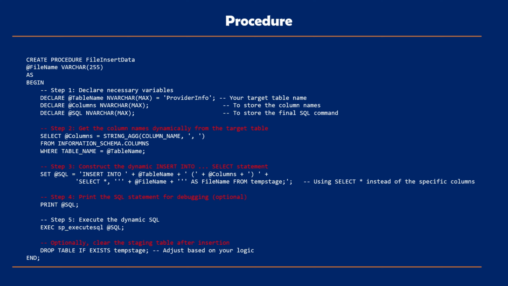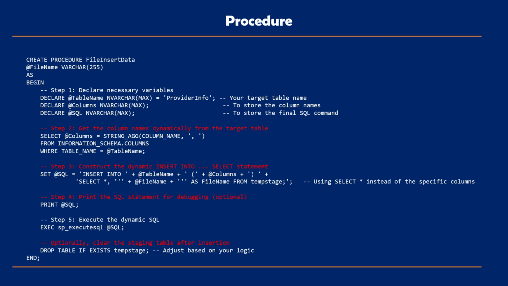In step 2 of the procedure, we use this query to get the column names dynamically from the target table. Here, information schema dot columns is the system view, and string aggregation is used to concatenate the column names into a single string separated by commas.